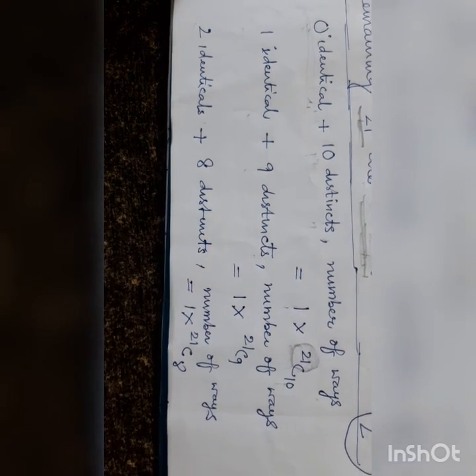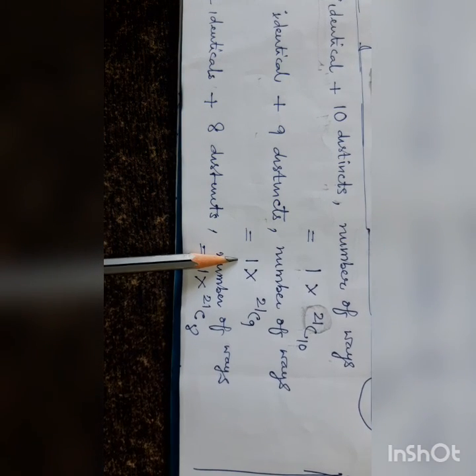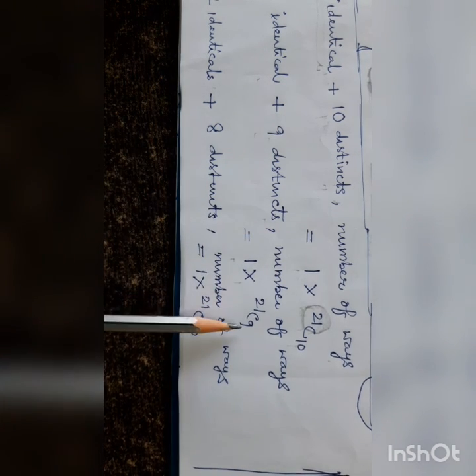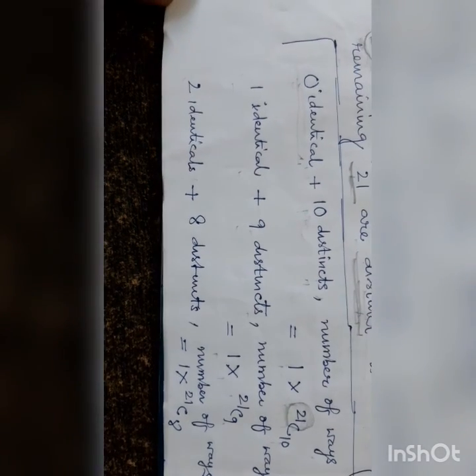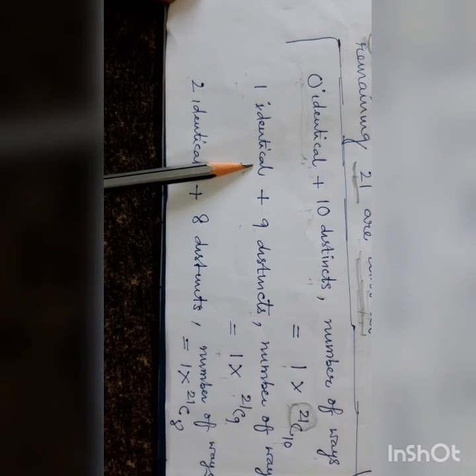One identical object, one way only we can select, into 9 distincts out of 21. Out of the 10 identical, 1 identical only is chosen.